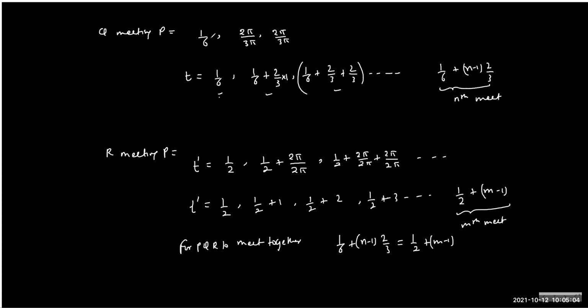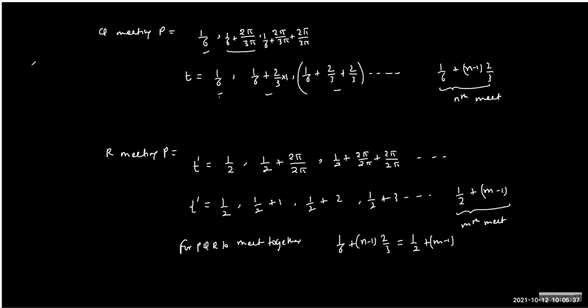So the first meeting will take place after 1/6, and the next will be 1/6 plus this value. I should have written it like this. Once you meet at any point on a circle, the next time you meet is exactly after traveling 2 pi, and since omega relative is known to us, we can just divide 2 pi by omega relative to get the time.